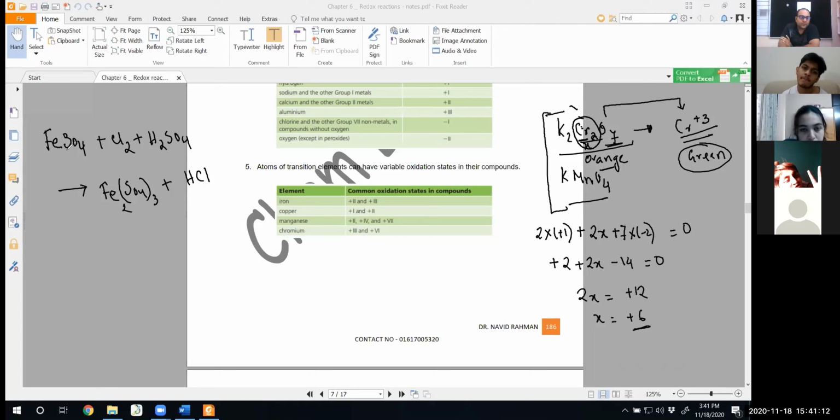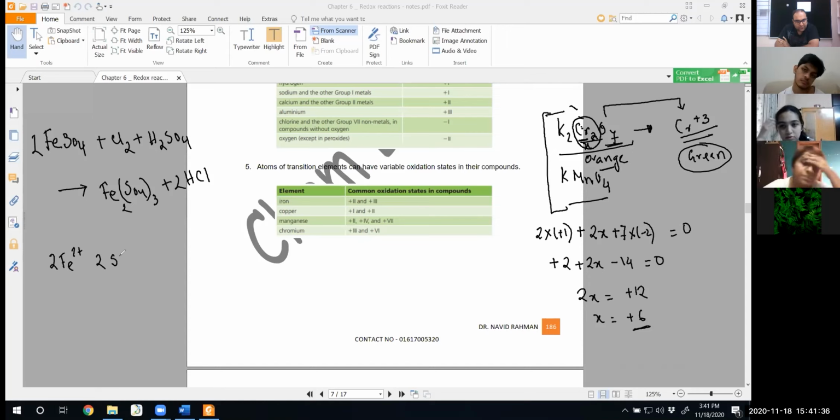Yes, sir. So let's convert this into an ionic equation. Sir, don't we have to balance first? It was not balanced, yes. If we balance it, I put 2 here, and 2 before HCl. So 2 Fe2+, 2 SO4 2-. We make a mistake of adding a plus sign within a compound, so we shouldn't do it.